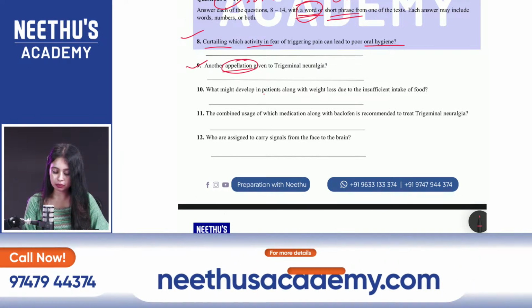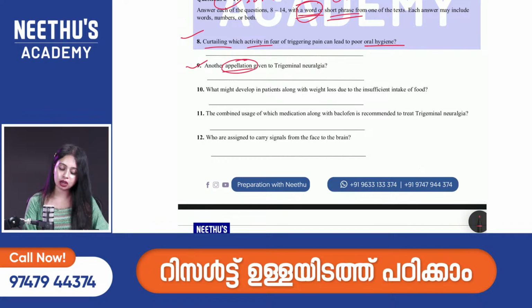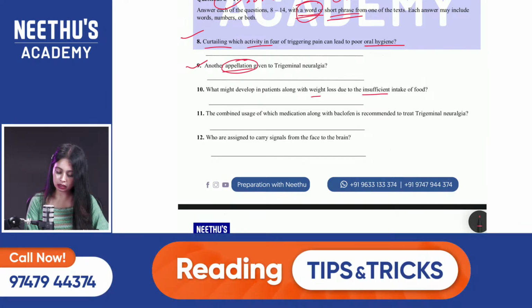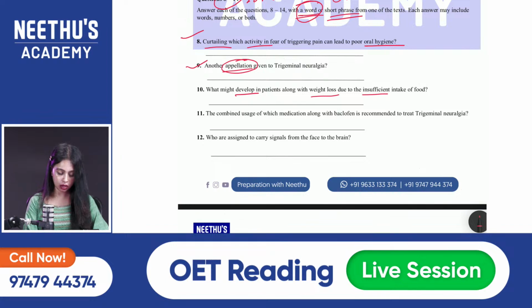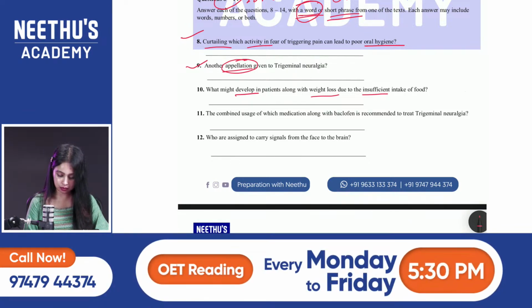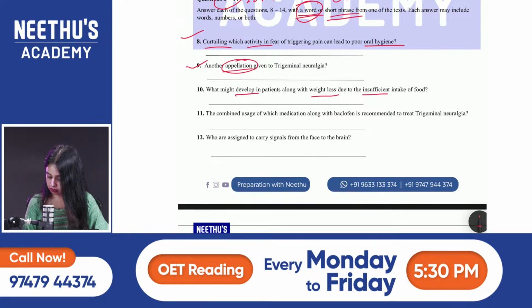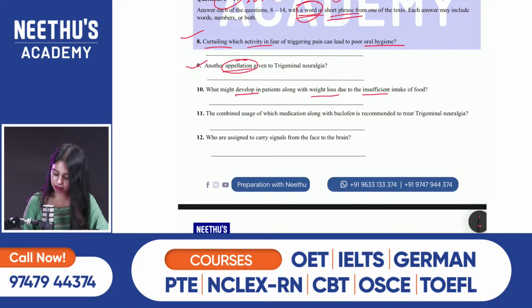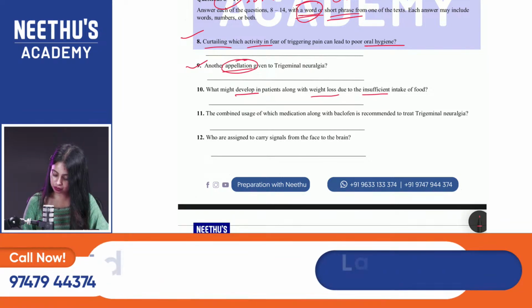What might develop in patients along with weight loss due to insufficient intake of food? Yes, Nimi, correct answer. What about the tenth one? Dhanalakshmi, Asna, Monita, Amy, Vineet, Alina, Dilu.